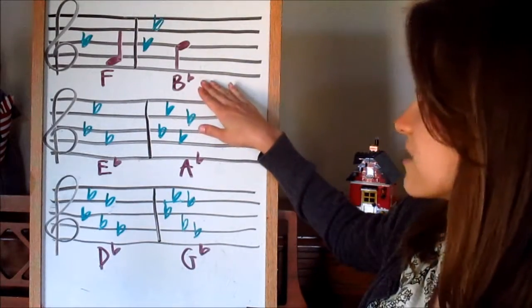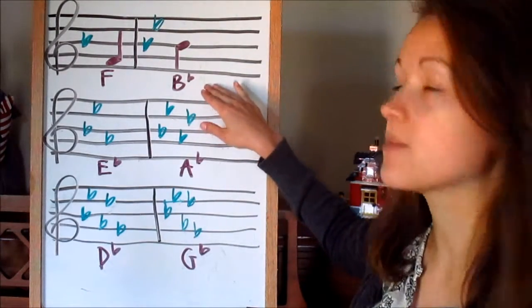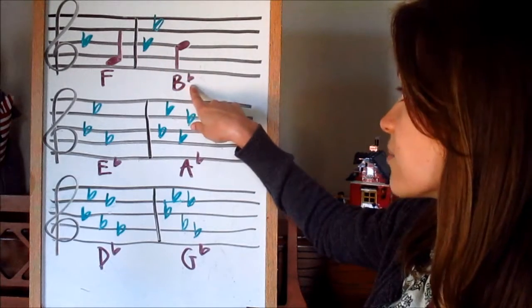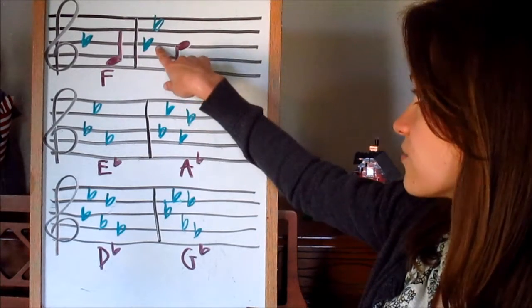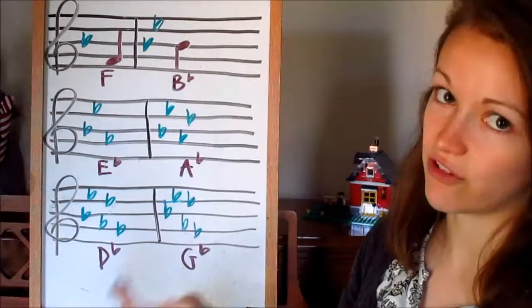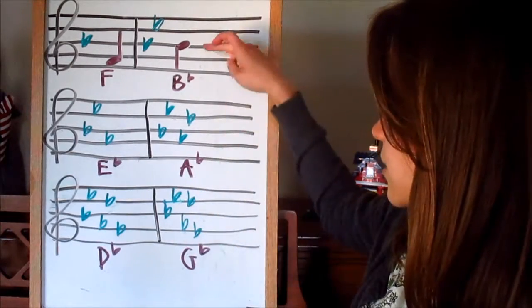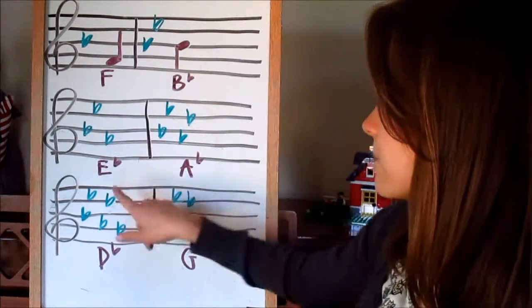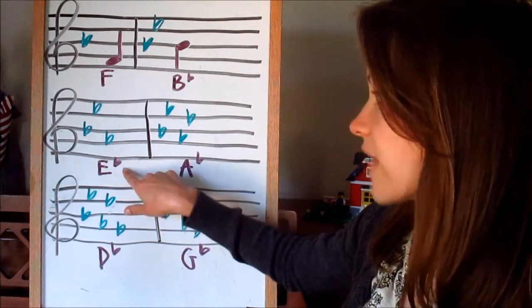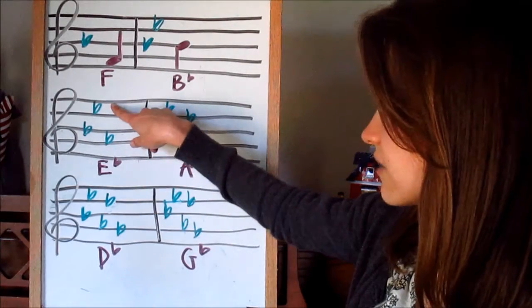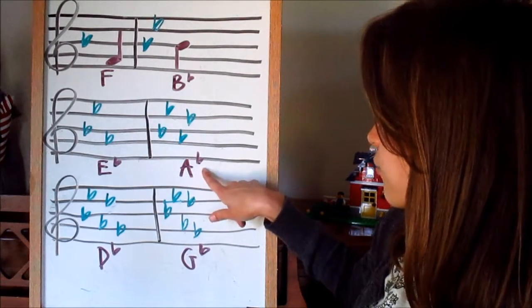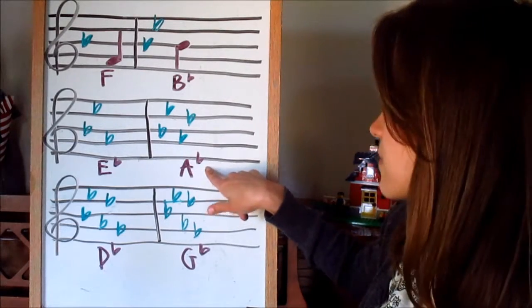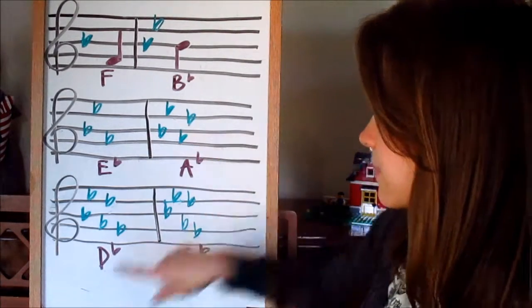If you have two flats, you're in the key of B flat major, because instead of it being B major, the B has a flat. And B flat is do. Three flats, you're in E flat major, with the addition of the E flat. Four flats, you're in A flat major, because the A is flat.